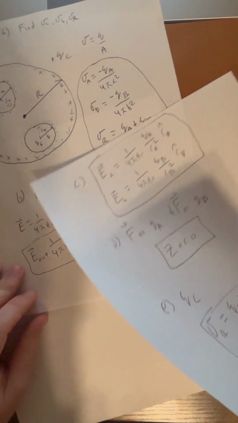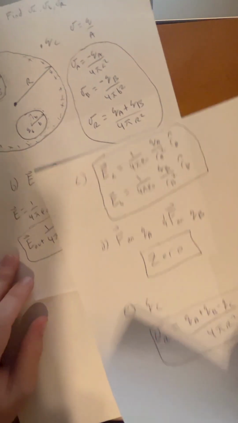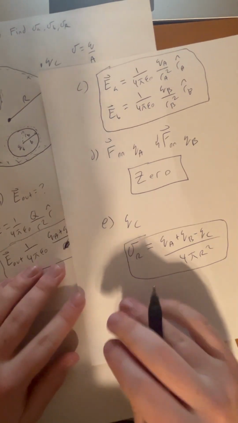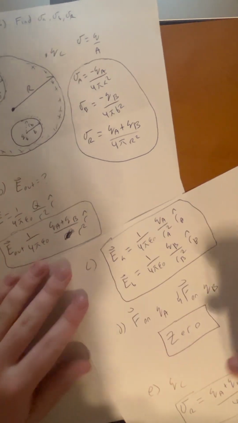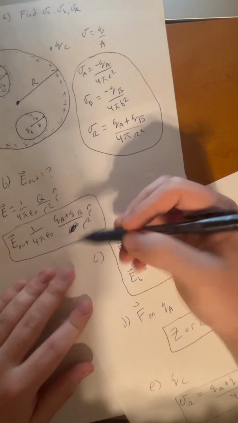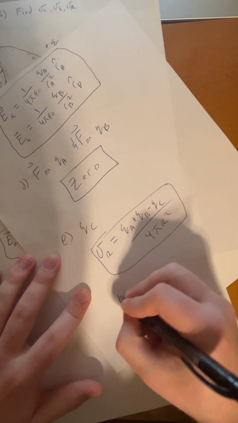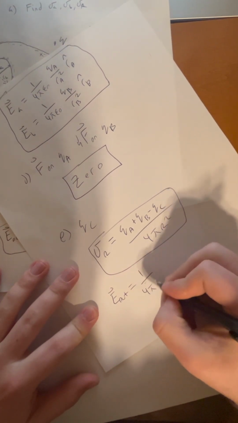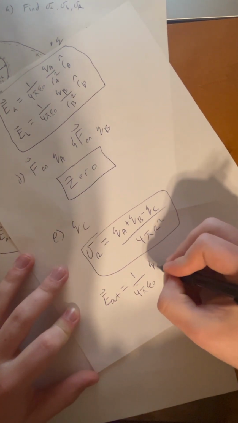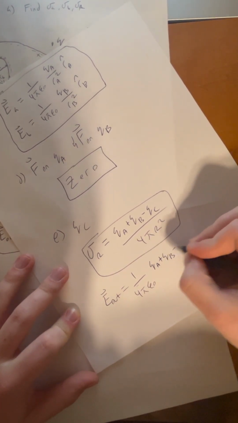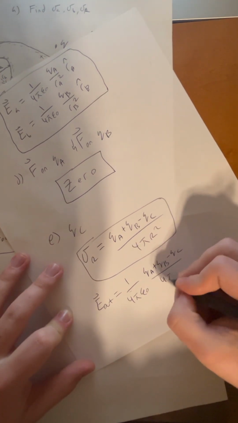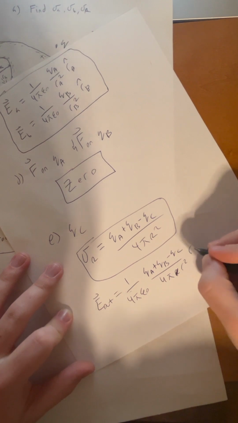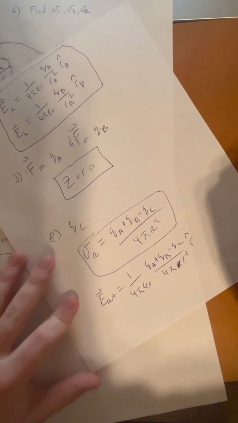The electric field outside will change, as you saw before, because we changed the charge density. So E out will be equal to 1 over 4 pi epsilon naught, QA plus QB minus QC over 4 pi little r squared, r hat direction once again.